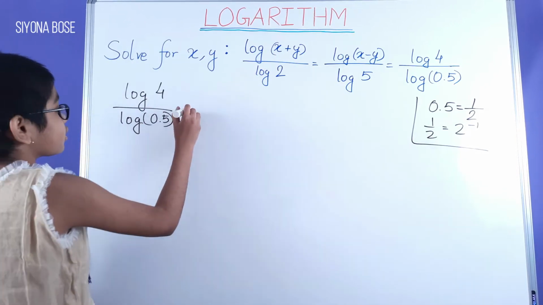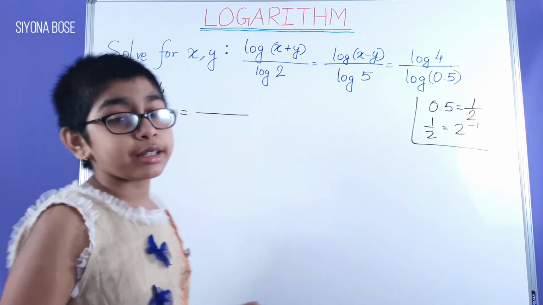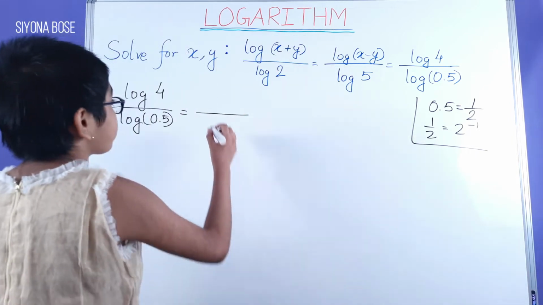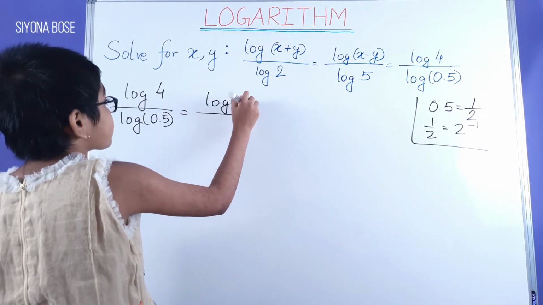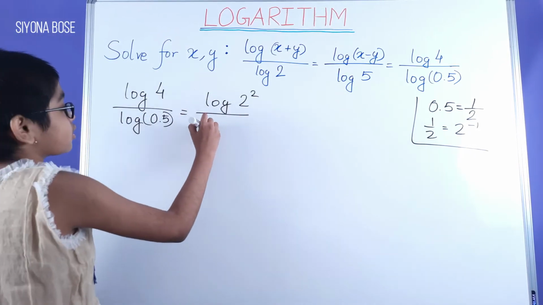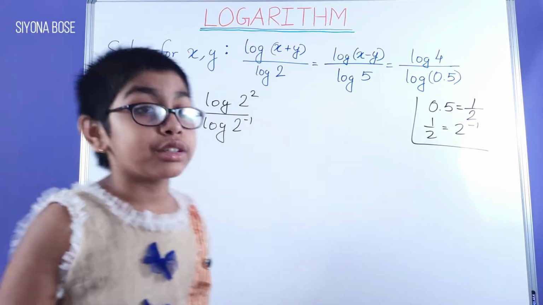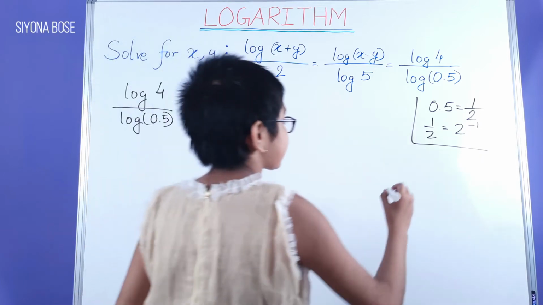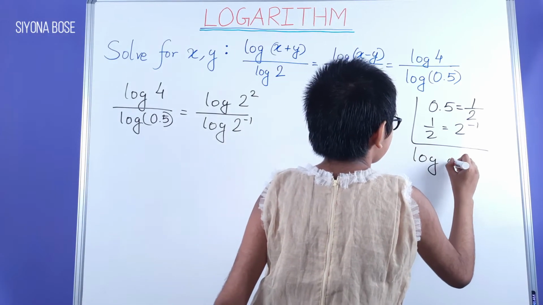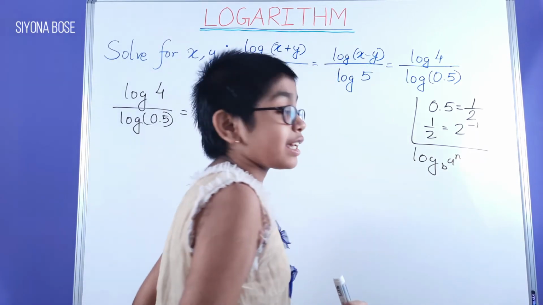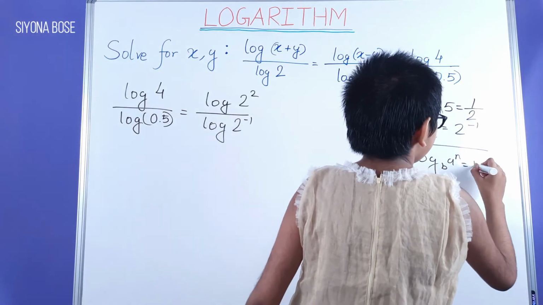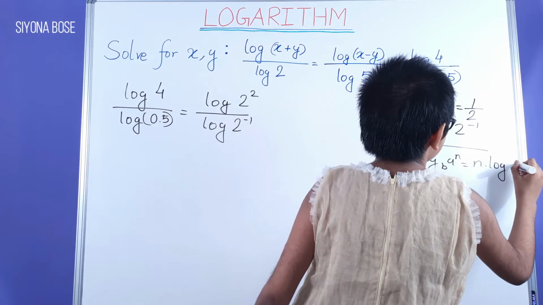And 4 is nothing but 2 squared. So, log of 2 squared by log of 2 to the power of minus 1. Now we know that log of a to the power of n to the base b is equal to n into log of a to the base b.